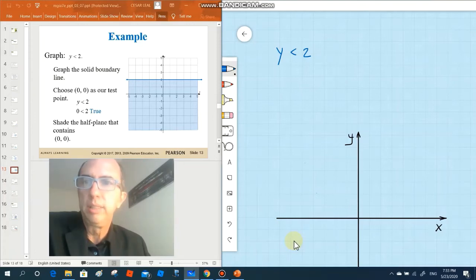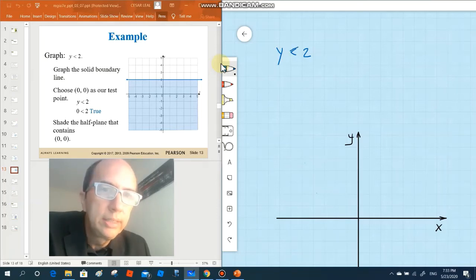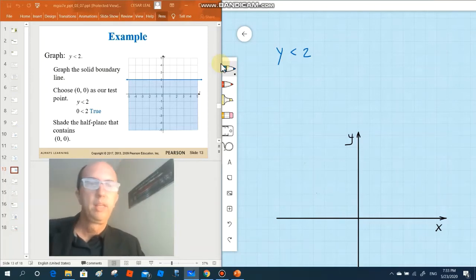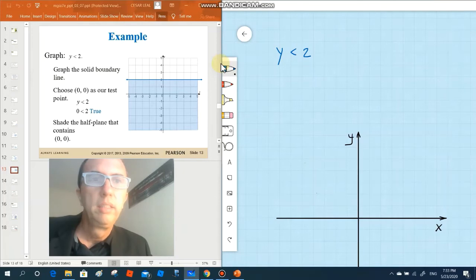And this is odd because this is not solid at all. So this PowerPoint is wrong. Graph the boundary, and since there's no equal sign here, it's only going to be solid or continuous if you find an equal sign. So this is going to be dashed.